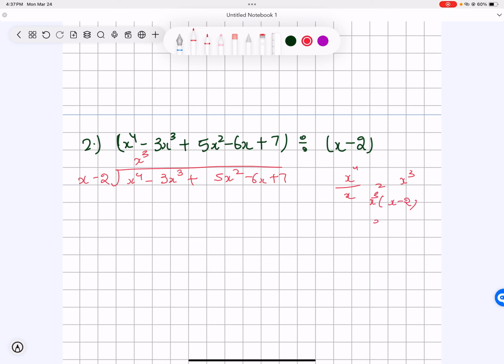I will get x minus 4 minus 2 6 cube. This is what I will get, 6x over, and then I cancel, I get 0, and then I cancel this.